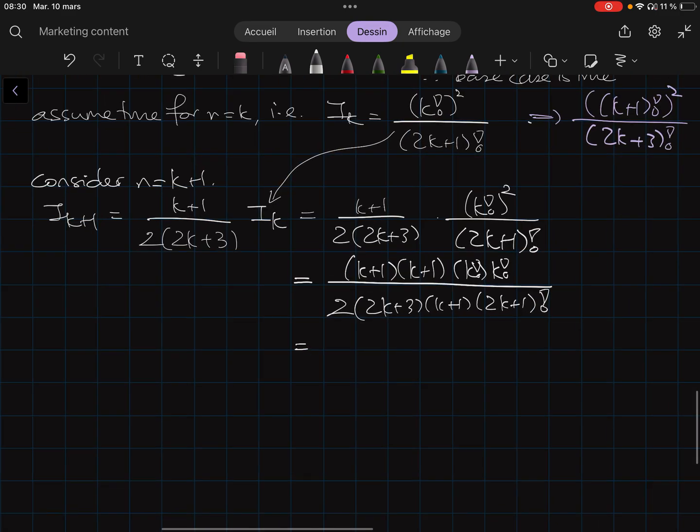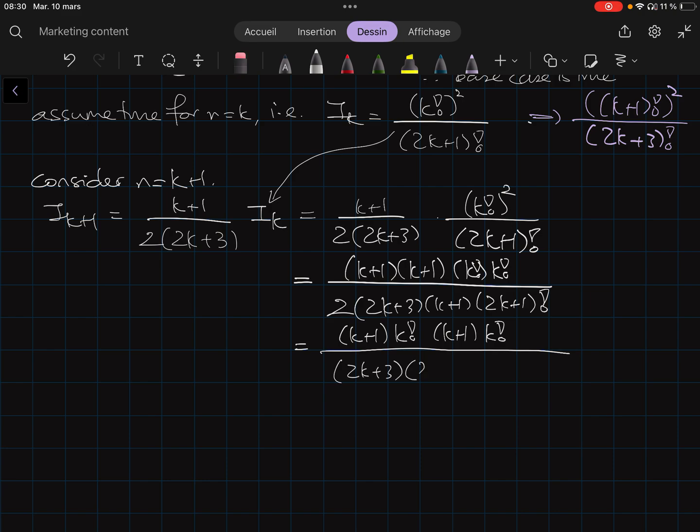So upstairs, we have (k plus 1) times k factorial, (k plus 1) times k factorial. Downstairs, we have (2k plus 3), (2k plus 2), and (2k plus 1) factorial. Upstairs is quite obvious.